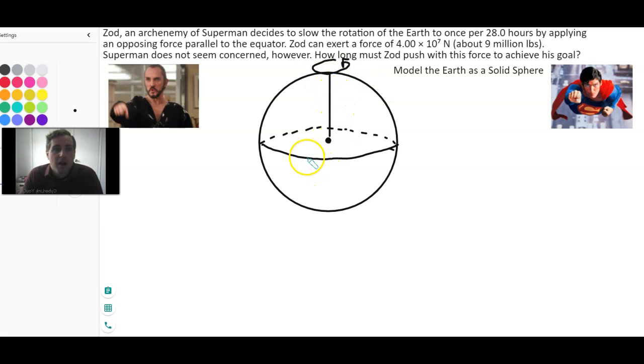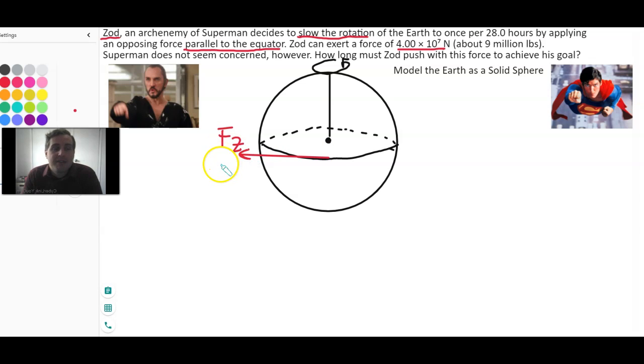Now with that in mind, what about General Zod? Well, Zod has this force, and it's also parallel to the equator. So if he's trying to slow the rotation of the Earth, which is rotating counterclockwise when viewed from above, General Zod's force is something like so. This is just a sketch.